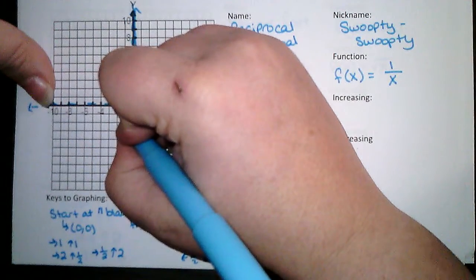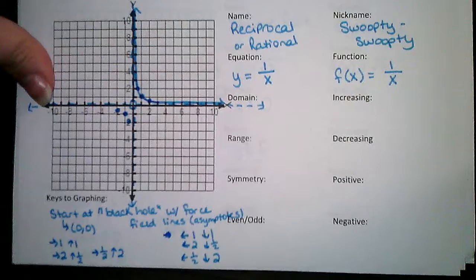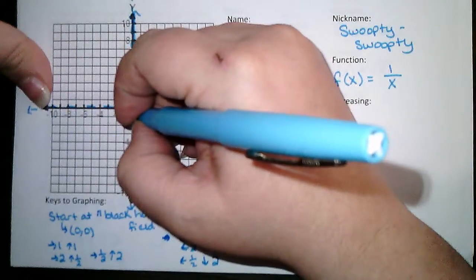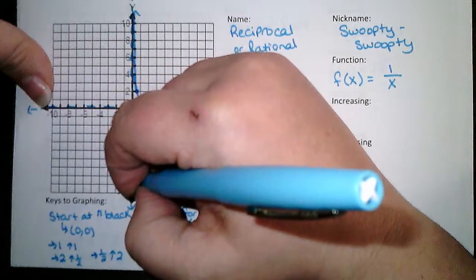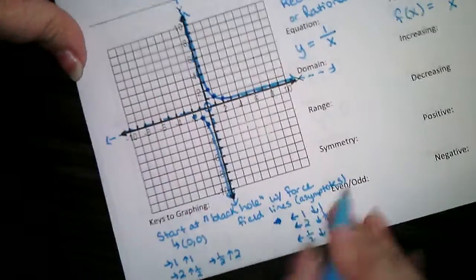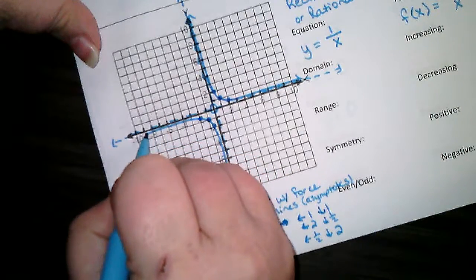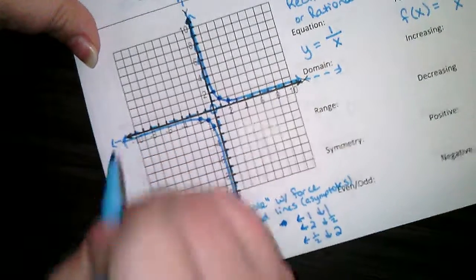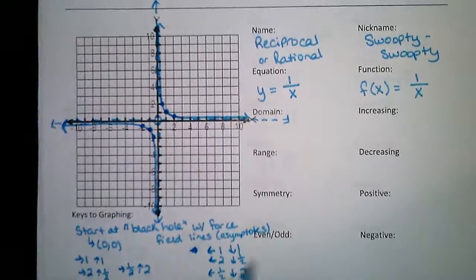And if you feel like it, you could do over 1/3 and down 3, or over 3 and down 1/3. Let's see how well I can draw this. Okay, that wasn't too bad. But again, get closer and closer to those lines. Don't bounce off of them and come back into this graph.